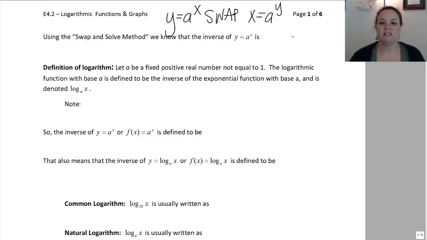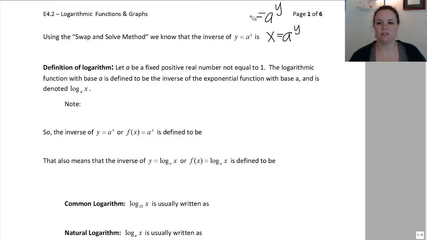So what we did is we define logarithms to be the inverses of exponential functions. I'm going to go ahead and put this down here. Using the swap and solve method, we know that the inverse of y equals a to the x is x equals a to the y, just by swapping variables, just like I did above.